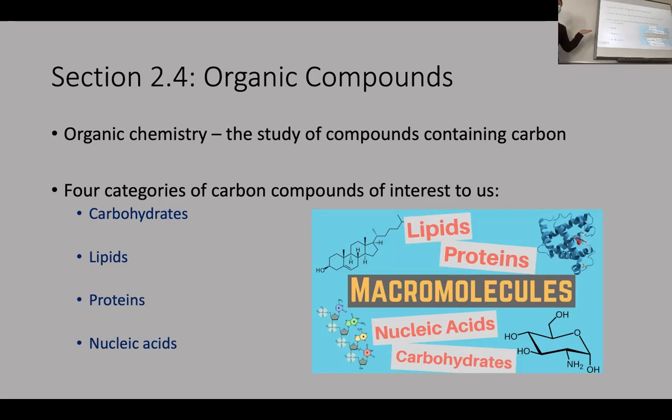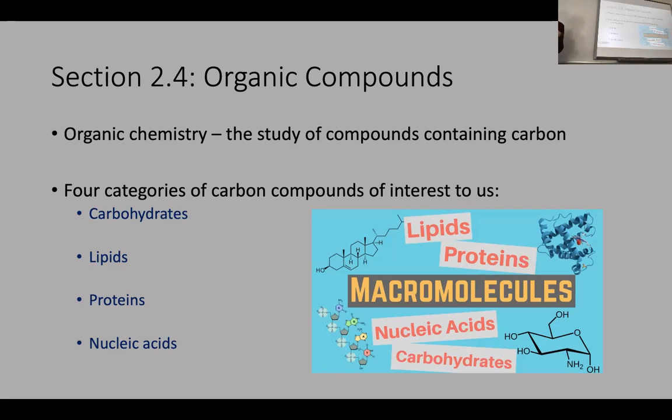Hopefully these look familiar if you've taken general biology here or somewhere else: carbohydrates, lipids, proteins, nucleic acids. Those are the four big categories of biological macromolecules. These are what make up most of us.